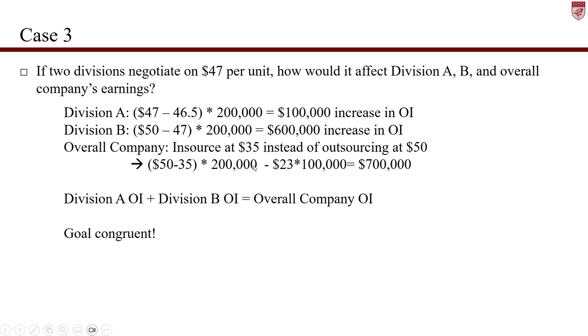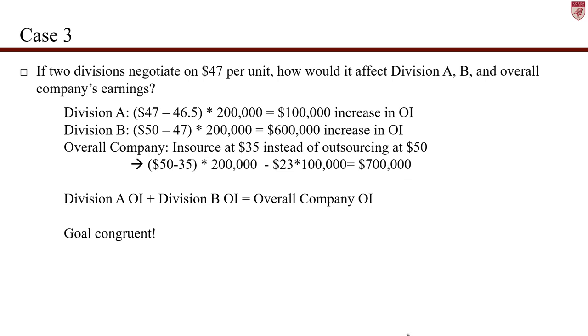But you also have to make sure that overall there's also a contribution margin lost by doing internal transaction for 100,000 units, which is the contribution margin that is lost by not selling to the external market. So that's going to be the contribution margin to the external market of $23 times the 100,000 units that you're giving up, right? Then that will be $700,000.